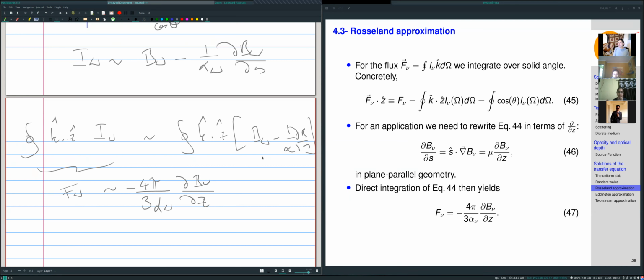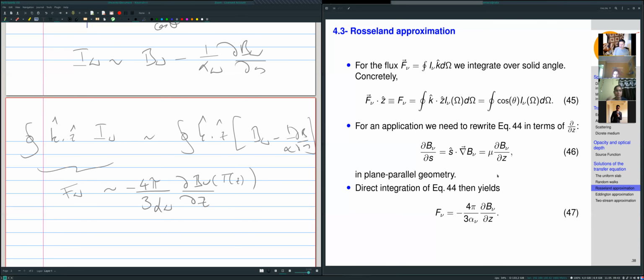It's recorded and it's online, so in case there were issues, you can go back and look at the video. It's also expanded in the textbook. The interesting thing here is that now we have an expression for the flux of radiation in the direction z in terms of the gradient of the Planck function over the direction z. Why does the Planck function change with z? Because the Planck function depends on the local temperature.